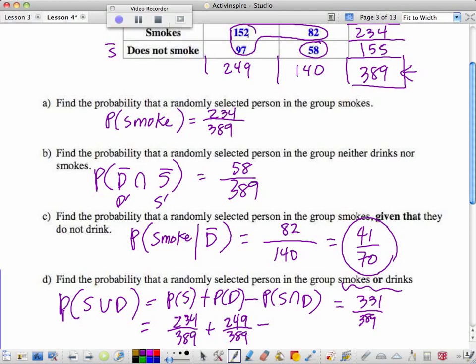These people smoke and drink, so it's the same answer, 331 over 389. Or I could have just done the complement of this one right here. These are people that don't do either, so the complement would be the group that does one or the other, sorry, not both, one or the other.